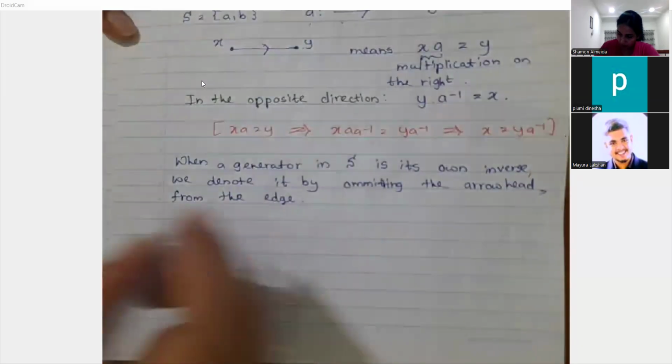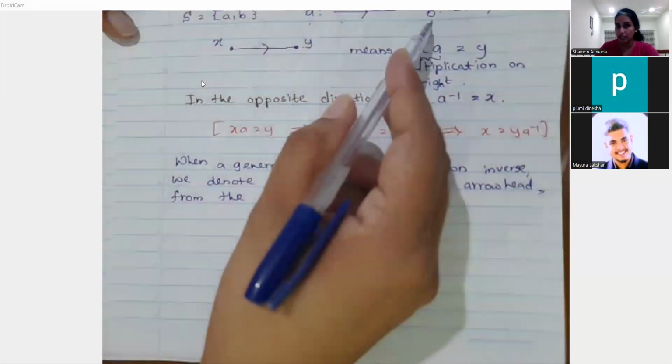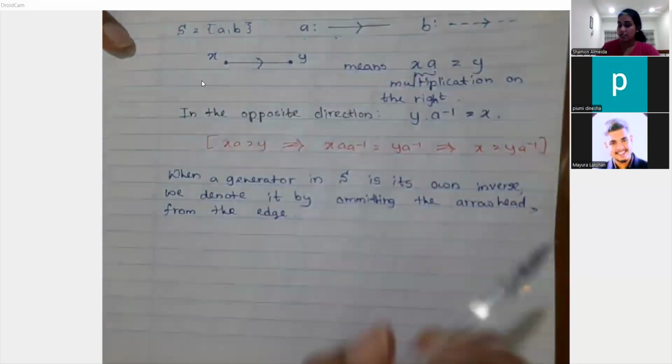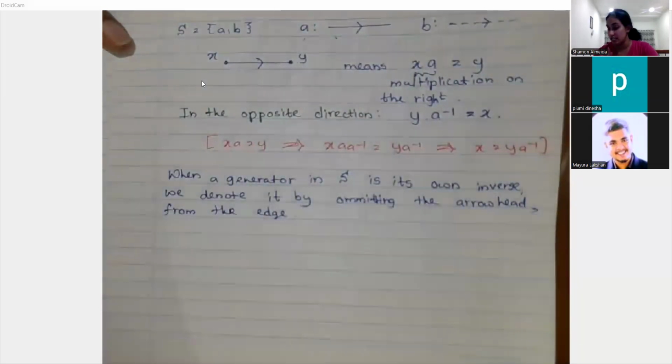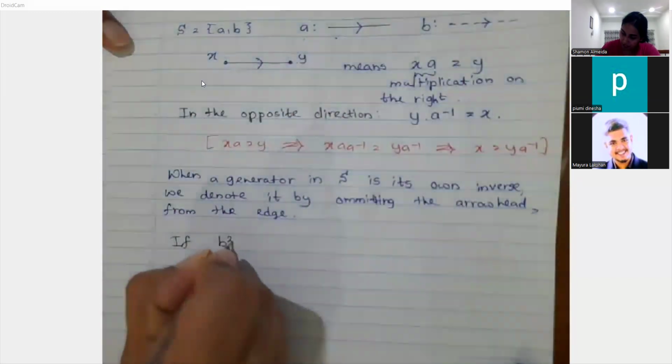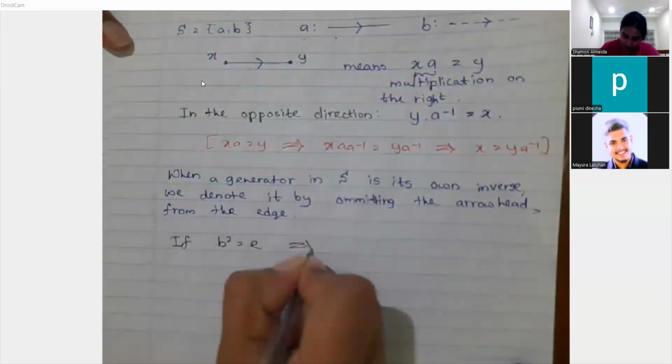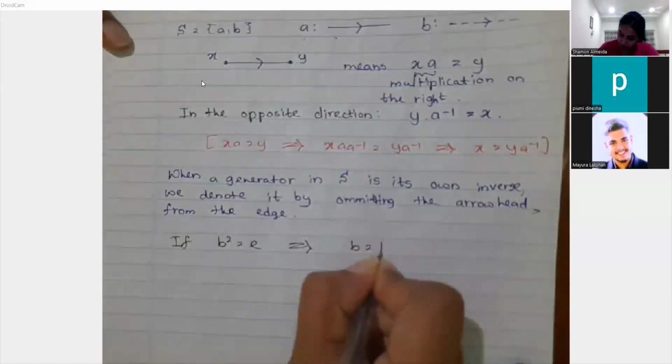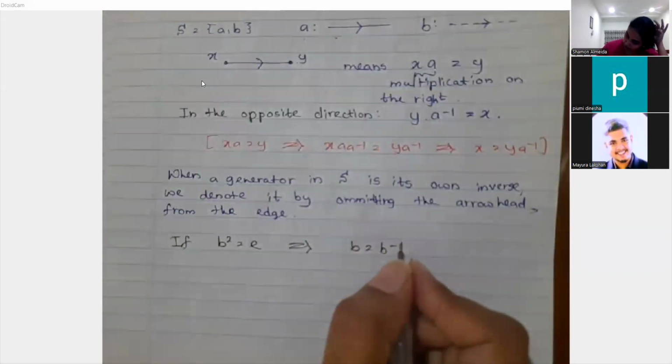Okay, so for example, in here we have this other generator B, right? Say the inverse of B is itself. So for example, if for this particular generator B squared is the identity, this means B is its inverse, right?